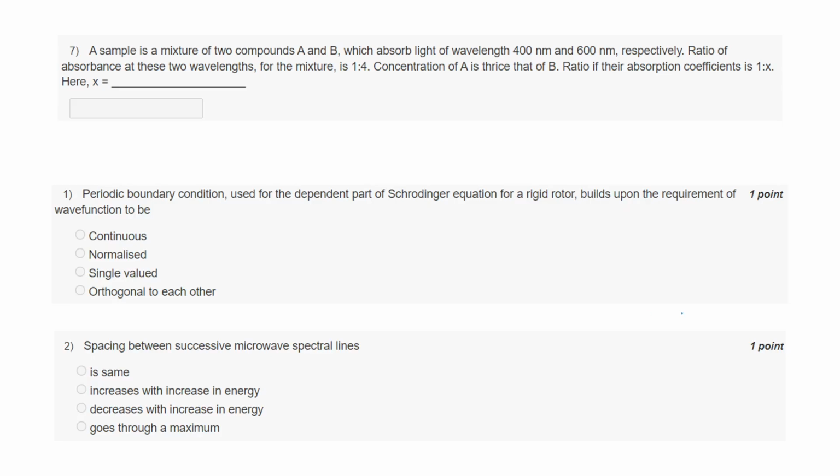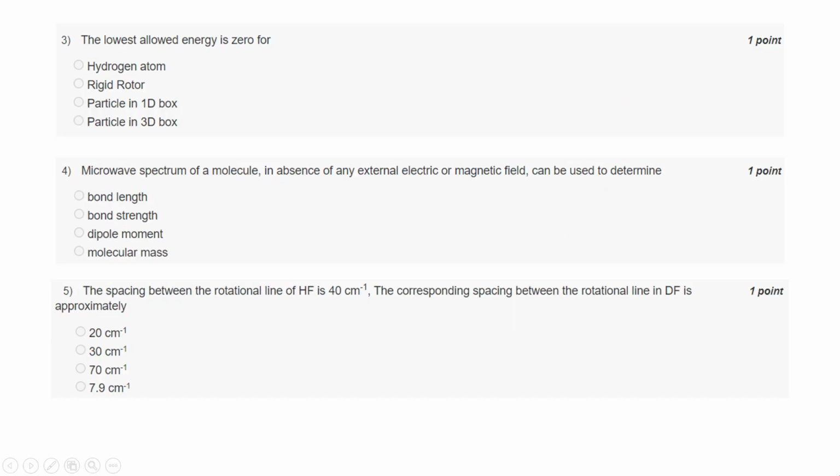Okay, let me draw it. So this is lambda, this is going to be 400, and this is going to be 600. And this is absorbance. Absorbance is also known as OD value, that is your optical density, same as absorbance.